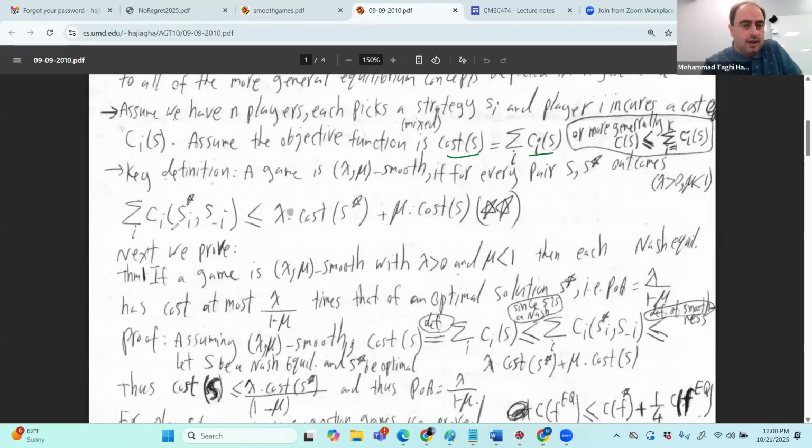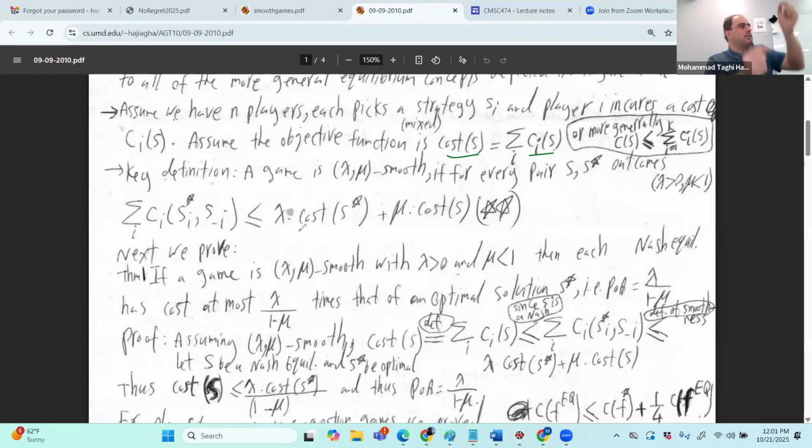And this was the definition of smoothness. That is, if you just change one person's strategy s_i to s_i star, then the cost, summed over all of them, is bounded.